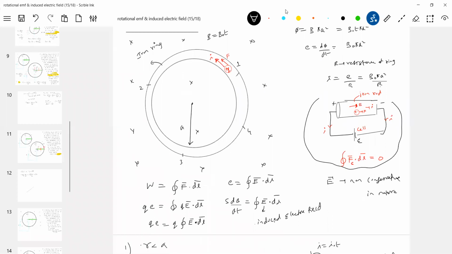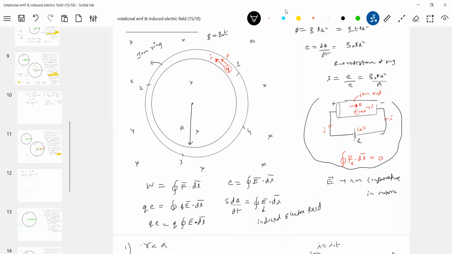Now I'll remove this ring. Will there be an induced electric field? There won't be current, but there will be an induced electric field. Now instead of this conducting iron ring, I'll bring a rubber ring. Will there be any current? No free electrons, so no current. And what about the induced electric field? It will be there.